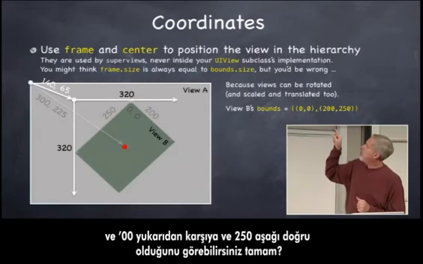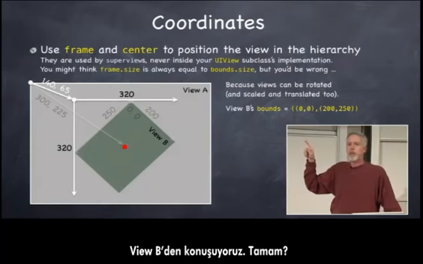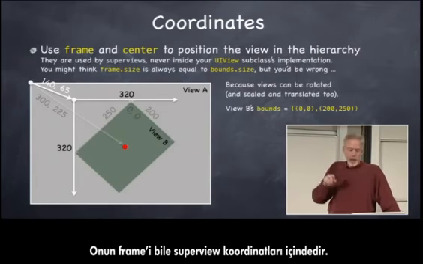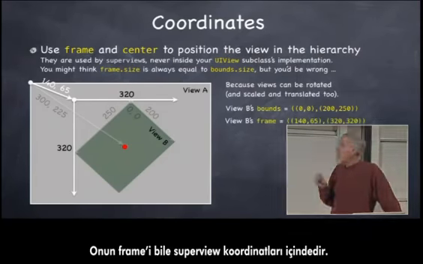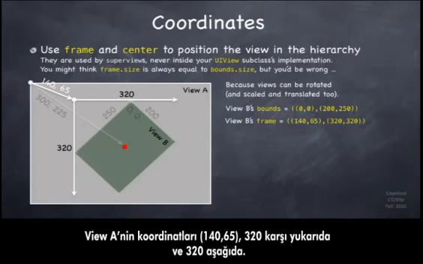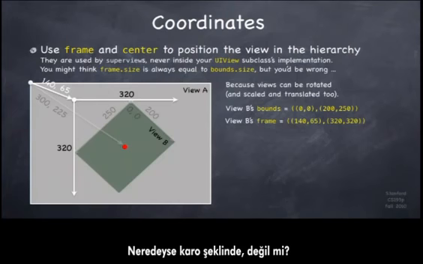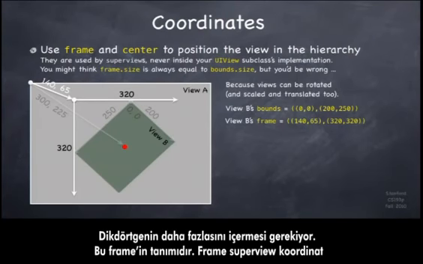And you can see that it's 200 across the top and 250 down the side, right? We're talking about view B. All right? Now, its frame, though, is in its superview's coordinates, view A's coordinates, 140, 65, 320 across the top, and 320 down. Do you see how that frame has to be bigger to enclose this rotated thing? It's like a diamond shape almost, right? So now the rectangle required to contain it is bigger.